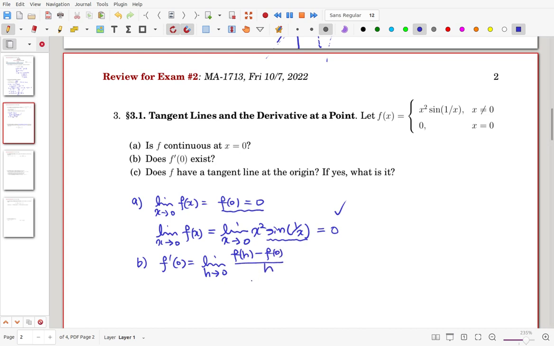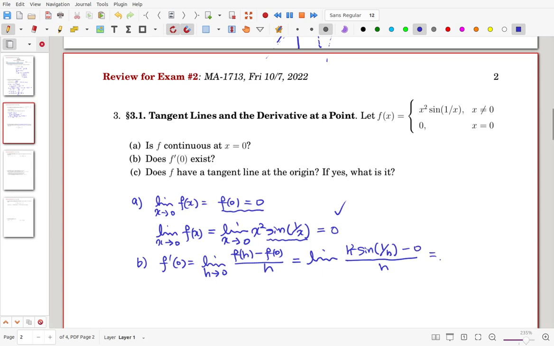Once the limit exists, we can say f prime at 0 exists. Here f of h is h squared sine of 1 over h, and f of 0 is 0, divided by h.